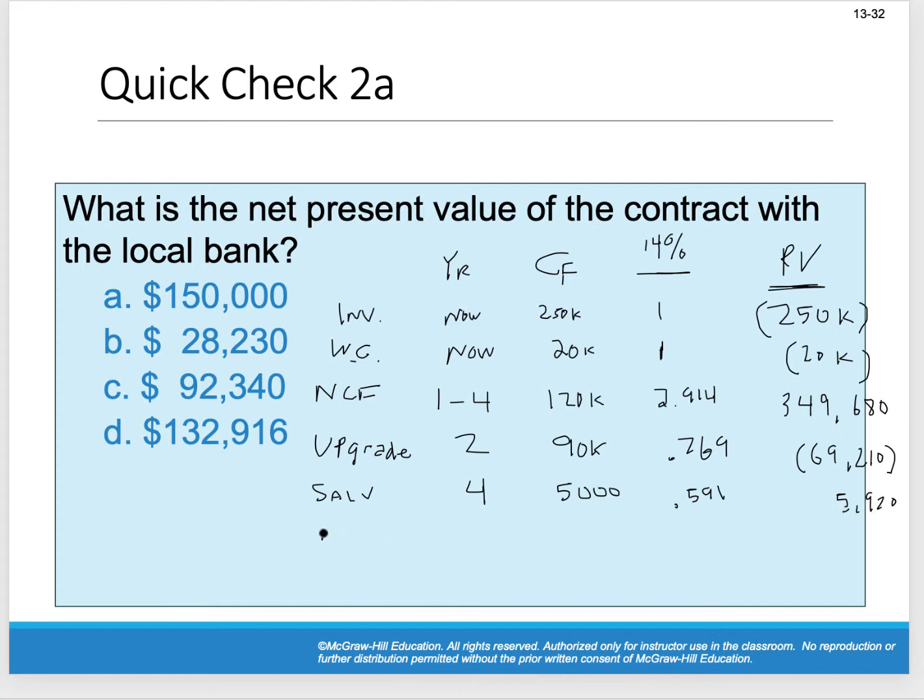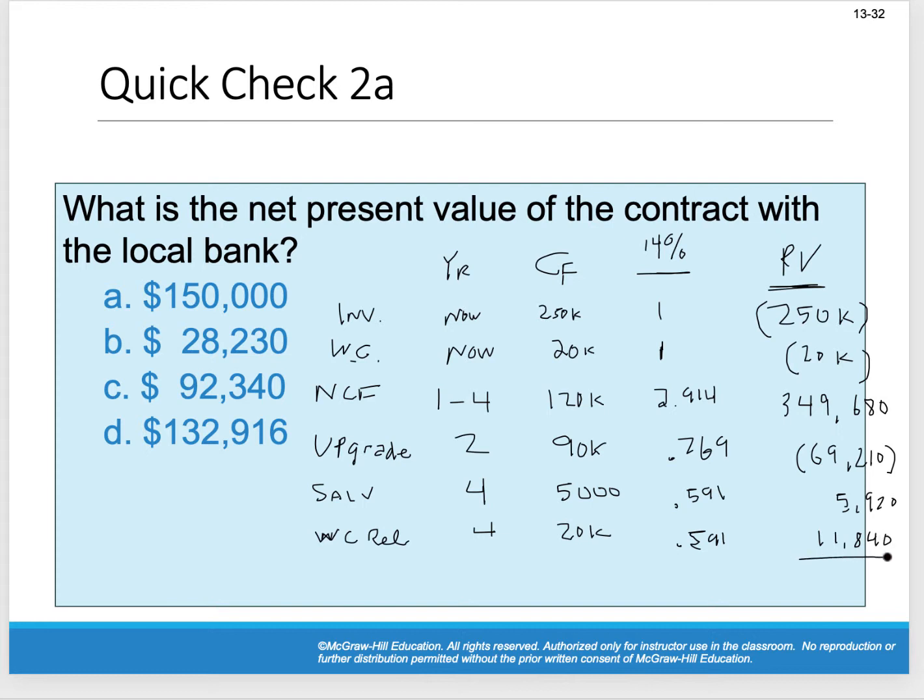Same thing with the working capital release. That happens in year 4. I release 20,000. What's the factor? Well, it's 14% at year 4. I already figured that out for salvage value. It's 0.591. That amount ends up being 11,840.